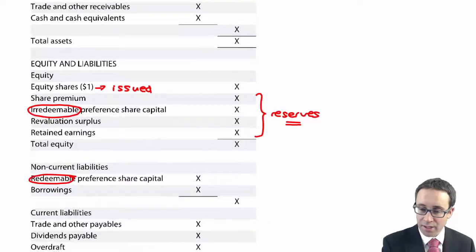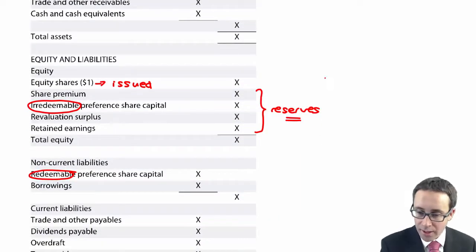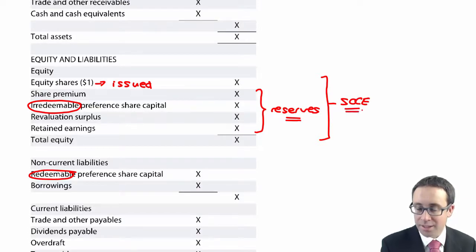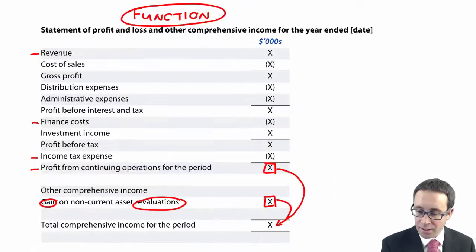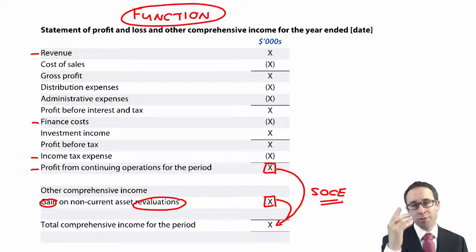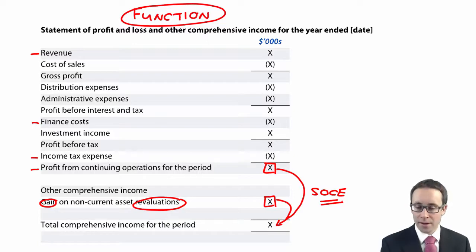Okay, excellent. What we then go through and do is start to look at our statement of changes in equity. So here you've got everything to do with your equity. You look at the movement on that equity in the statement of changes in equity, and that movement comes about from the profits that you make for the year and the other comprehensive income that you have within the year.